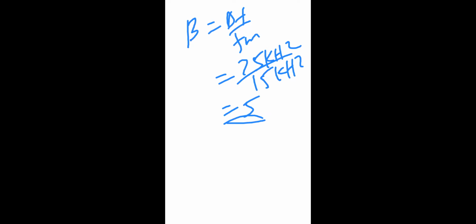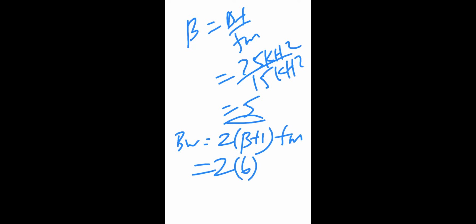For commercial FM, the modulation index value is 5. And once again, you can put it in the formula: 2 beta plus 1 times fm. So 2 times 5 plus 1 is 6. The fm value is 15K. 6 into 15 is 90K, and 2 times that is 180K. Once you add the guard band, you will get 200K.